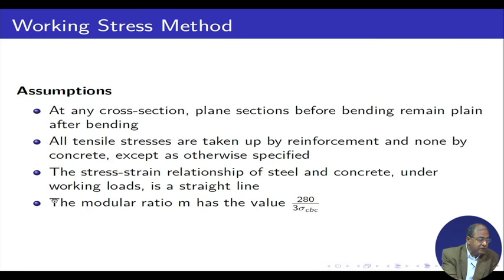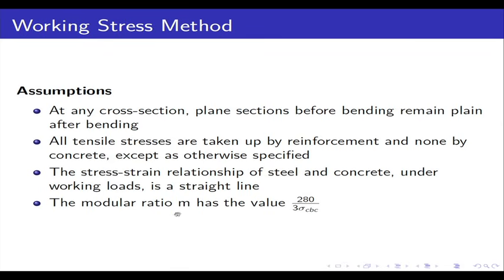Now, modular ratio, the modulus of elasticity of steel and the modulus of elasticity of concrete. We can find the modulus of elasticity for steel in a very definite way, but for concrete it is very difficult to come to a conclusion about the exact value. So it is very difficult to find Ec, the modulus of elasticity for concrete.